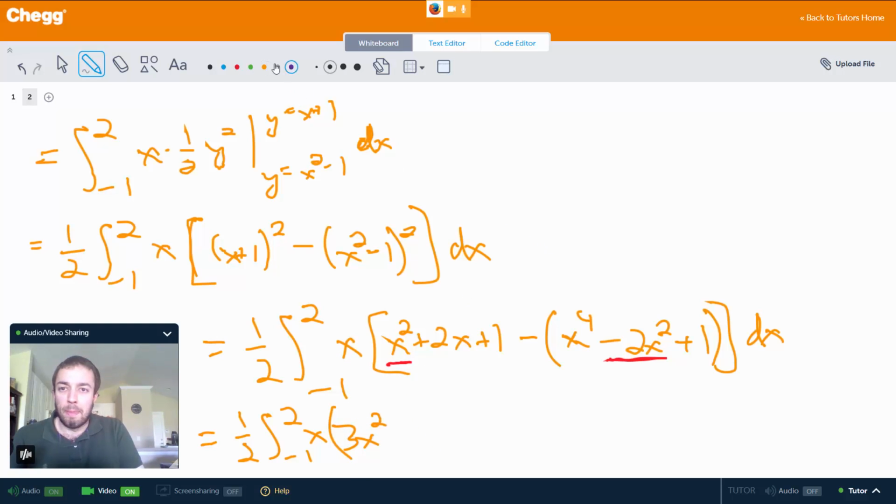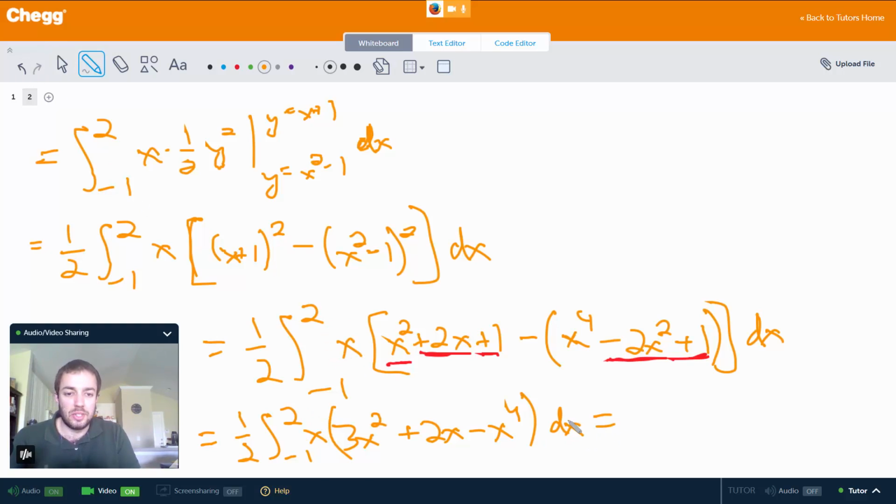Okay, that takes care of the plus 2x. Now we also have plus 1, blah blah blah, minus plus 1. So this is actually 1 minus 1, which turns out to be 0. So that's good. That takes care of those. And then finally we have minus x to the 4th. And then dx. And again, don't forget about the x that's still out here.